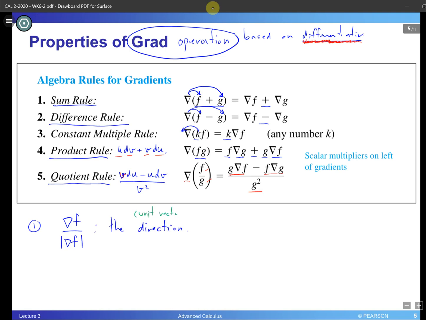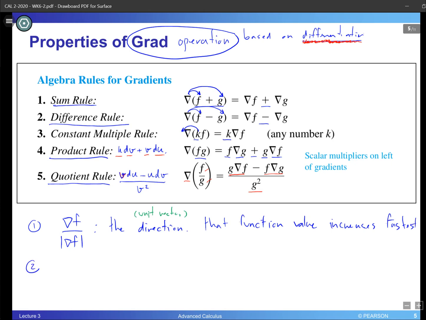This is the direction in which the function value increases the fastest. This is something that we have seen before.